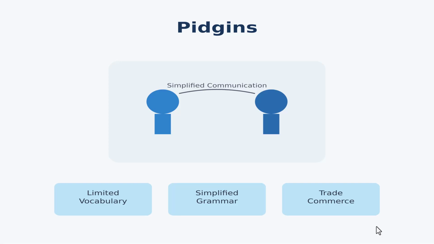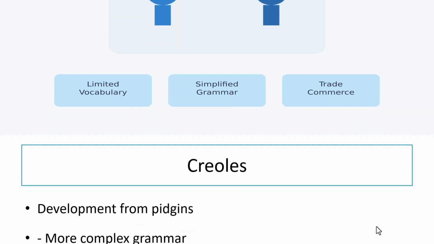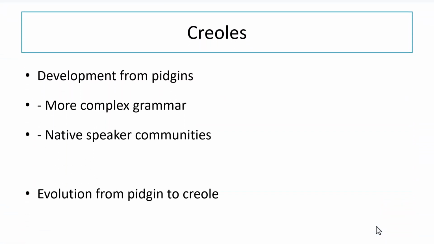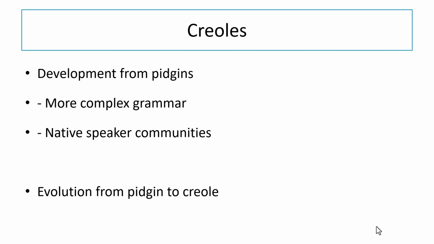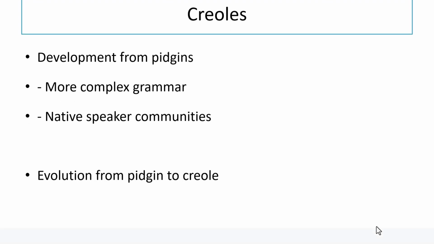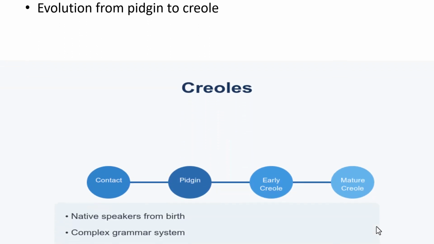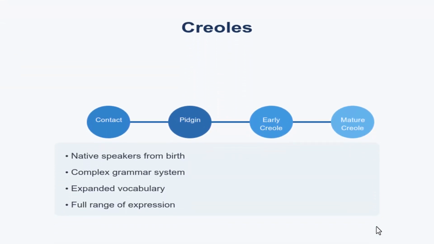For sure. The textbook also talks about social isolation. How is that different from what we've been discussing? Good question. Social isolation, as the name suggests, is when a smaller speech community within a larger society becomes isolated not because of geography or a different language, but because of social factors like class, race, or ethnicity. A good example is African American English, often called AAE. It developed in this context of social isolation, which led to some unique linguistic features that set it apart from other varieties of English.